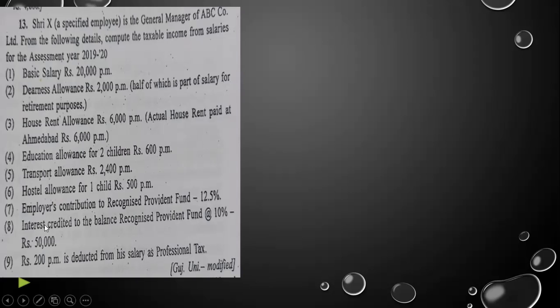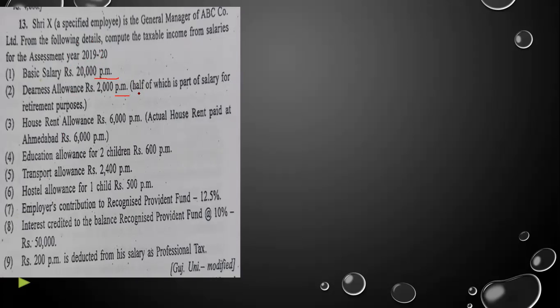Now we have to understand that we are given the information monthly, so we have to convert it into the year. Dearness allowance rupees 2,000 per month.